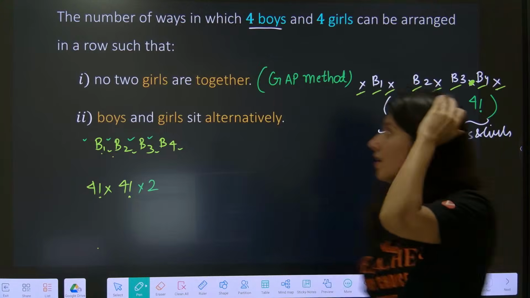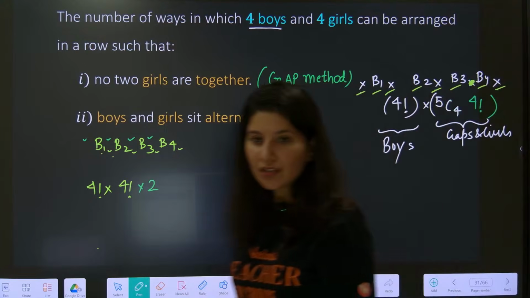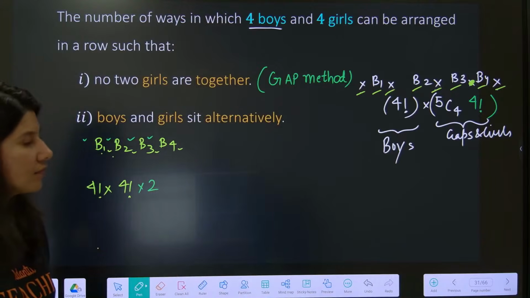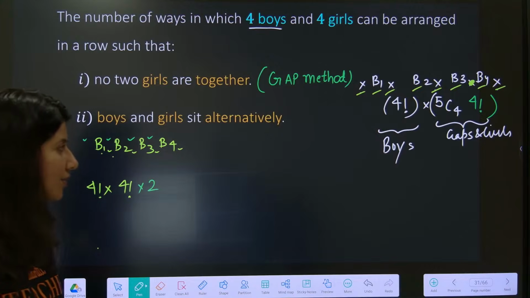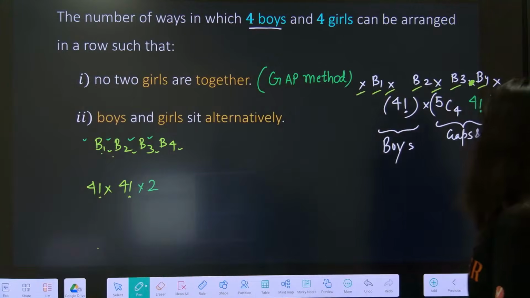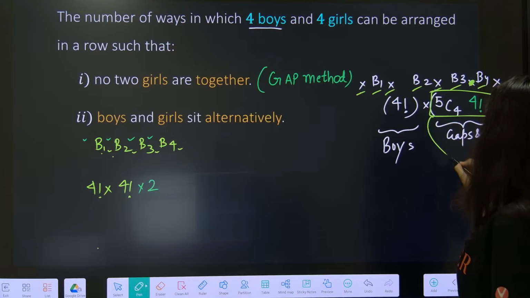Because we are doing selection and then arrangement. There are conditions over here. You will never see me doing questions by doing just P. So basically, I don't use P. This is nothing but 5P4.